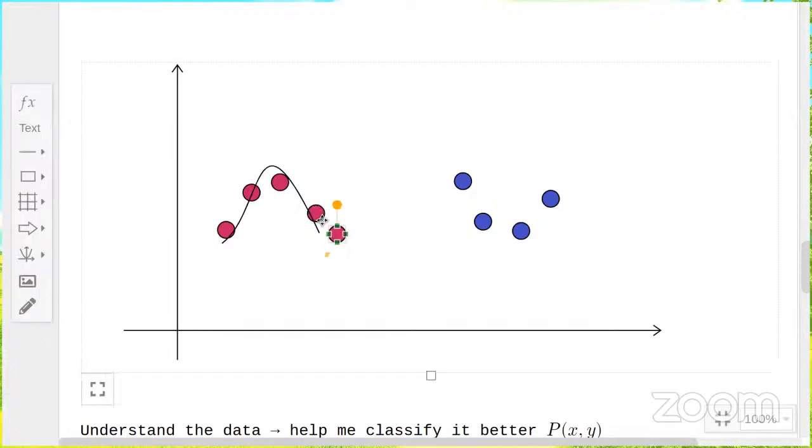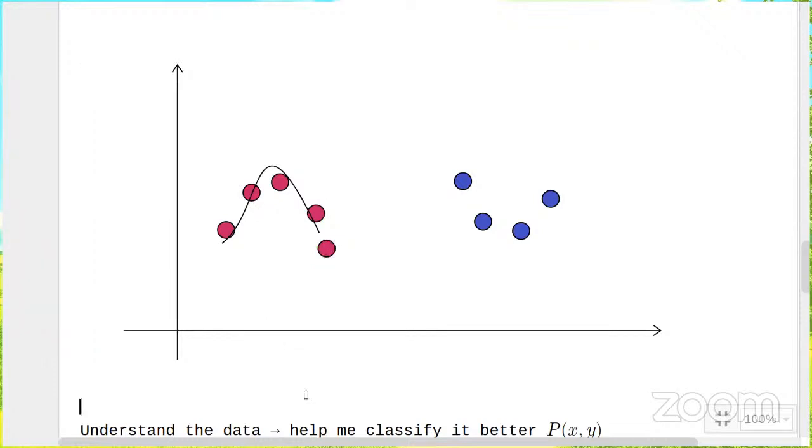So how will I generate? I can randomly sample from this distribution, and I can say that one point I can generate like this. So this particular point that I came up with was not present in my original data set. But because I was able to model this data using this curve, that gives me the power to sample new data points from this model. Do you get this distinction?